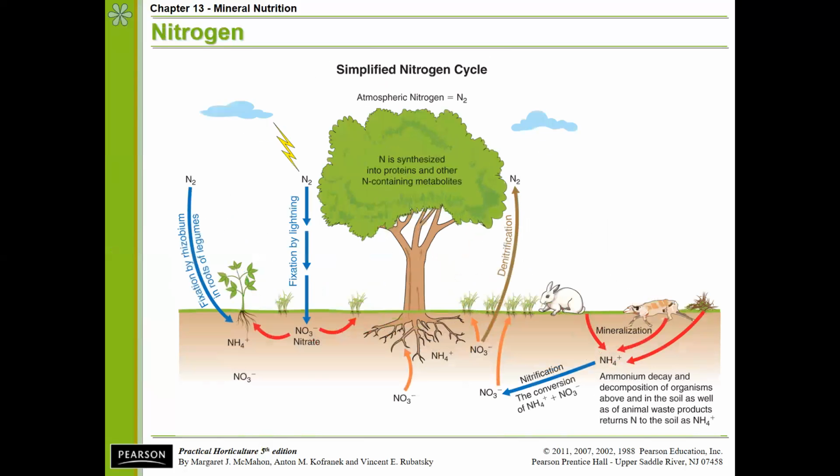And as I mentioned earlier in the class, nitrogen is the most abundant gas in our atmosphere. And there are several ways to fix nitrogen into the soil. It can be fixed naturally by rhizobium in the roots of legumes and some other plants. It's basically a bacteria that is able to take it and put it into a mineral form in the soil. It can also naturally be fixed by lightning. So lightning actually inundates nitrogen into the soil as well.